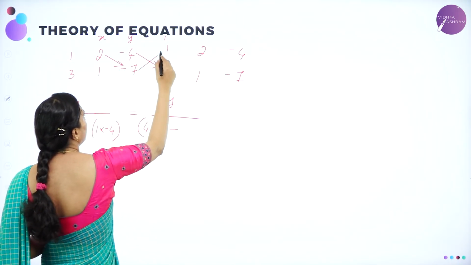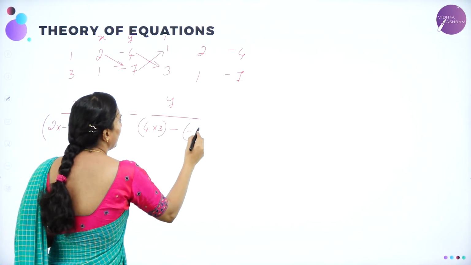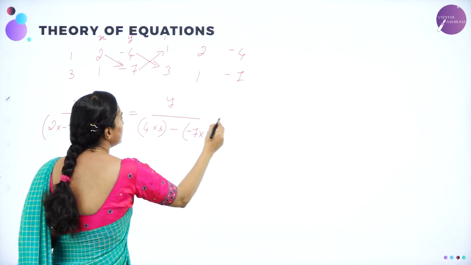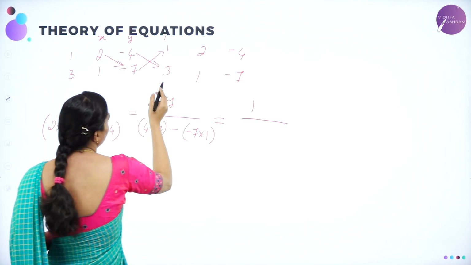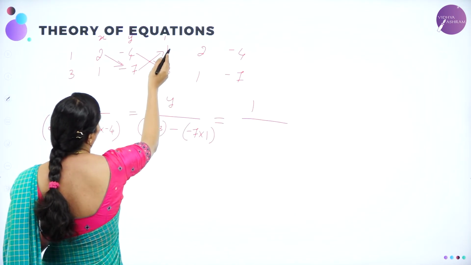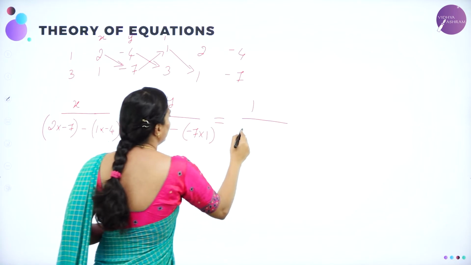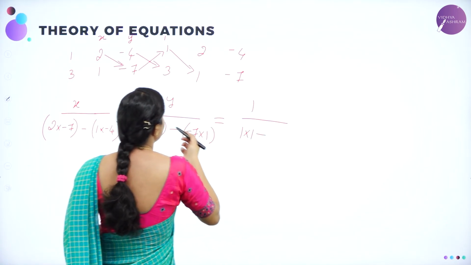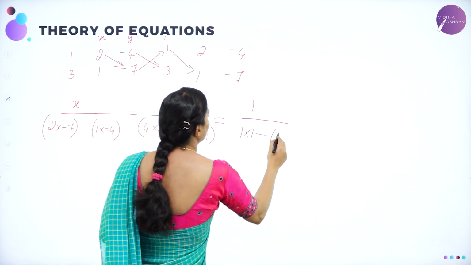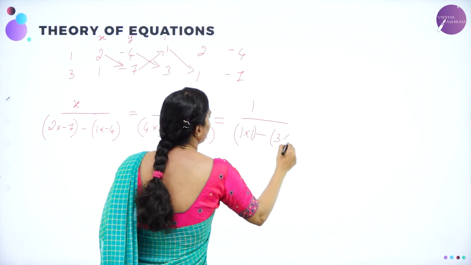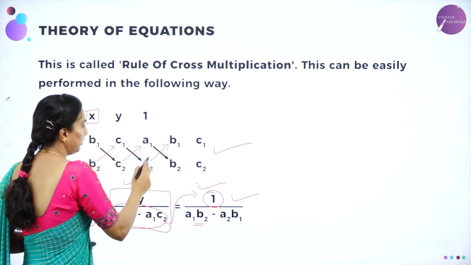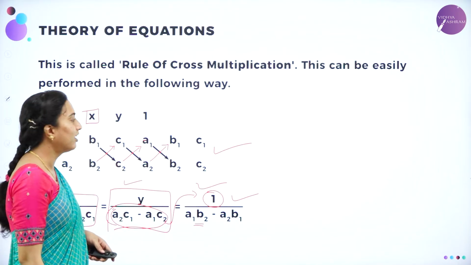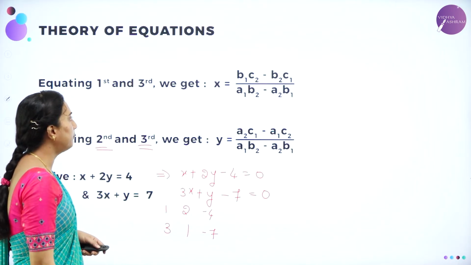Then 1 divided by the constant term, which will be 1 into 1 minus 3 into 2. Same as here: a1 b2 minus a2 b1. Got it?